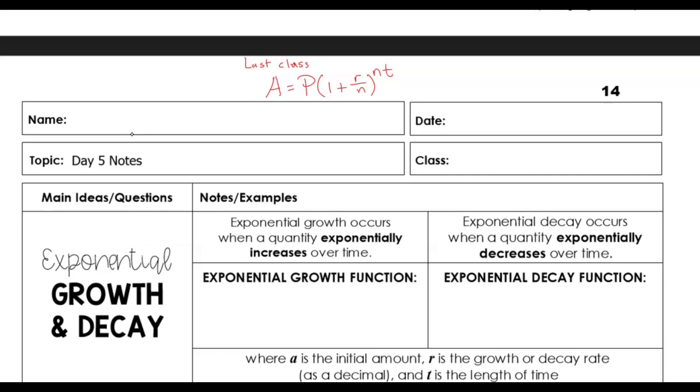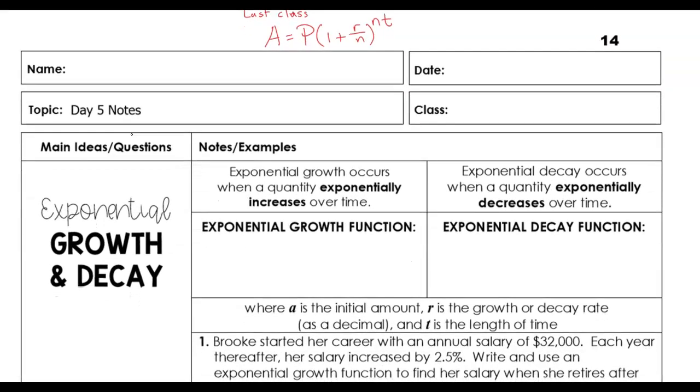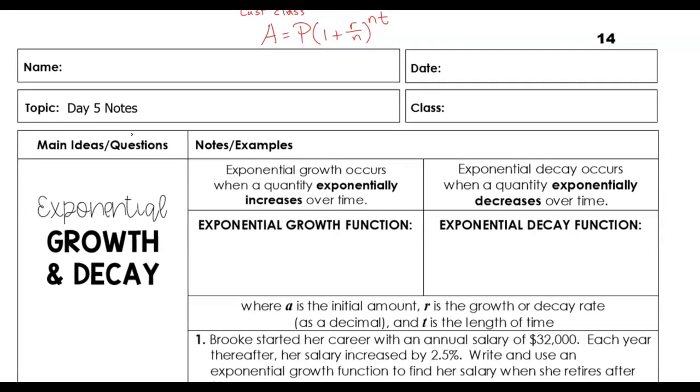This class, right now, we're going to look at exponential growth for finance and also other problems when you're only compounding once per year. It's only a yearly thing. When you're only compounding once per year, the n value in this equation is 1.